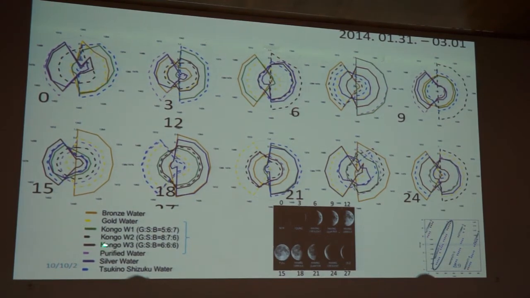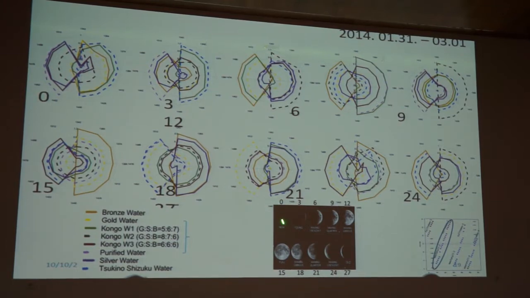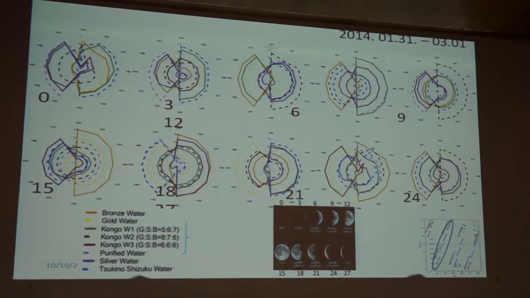Just we put different names, and you see the color means different water, and this is 0 day, 3rd, 6th, 9, 15, 18, 21, 24. Exactly, this is related to the talk about the trees. And you could see that we have specific pattern, spectral pattern changes.